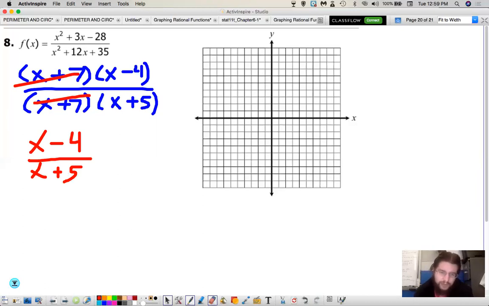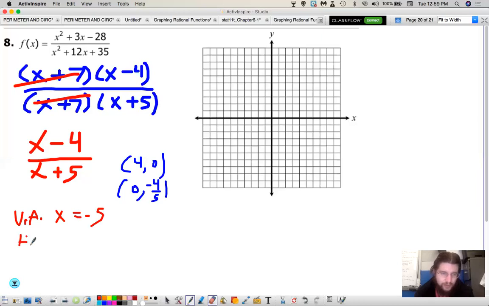Find my intercepts. So I've got 4, 0, 0, -4/5. Probably not going to use that one, unless I need to test a point or something, who knows. Asymptotes. X equals -5.